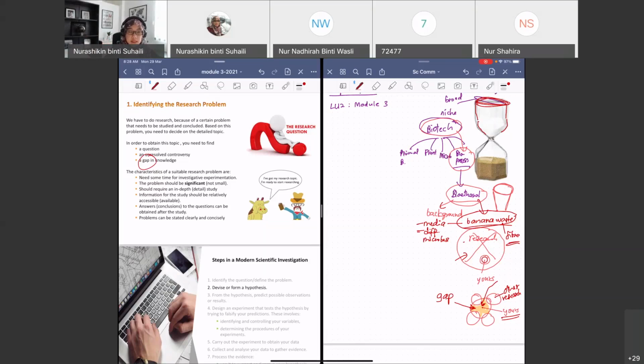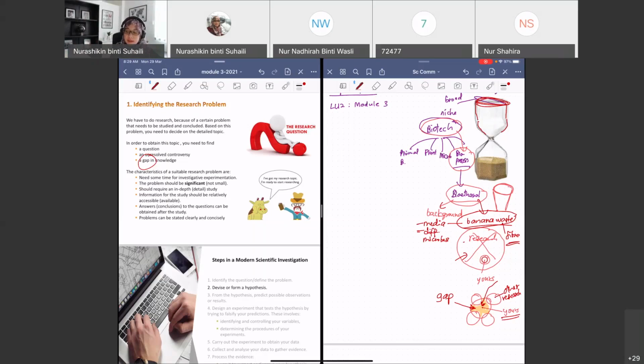Banana waste is a waste, right? If we can convert the waste into a valuable product like bioethanol, which can be used as a fuel for vehicles. What is the difference between biofuel and synthetic fuel? Biofuel is much greener, and it doesn't emit as many pollutants as synthetic fuel. So that is the significance.